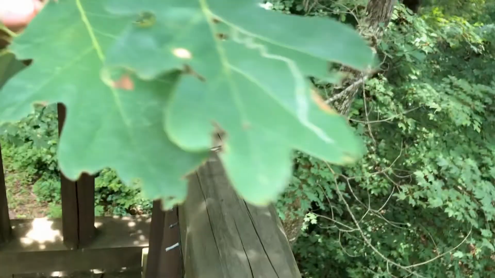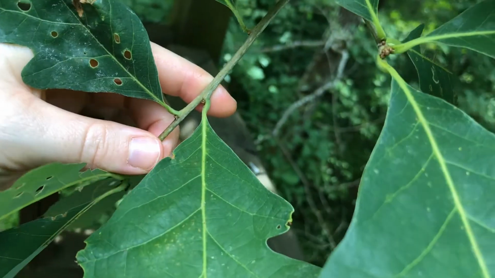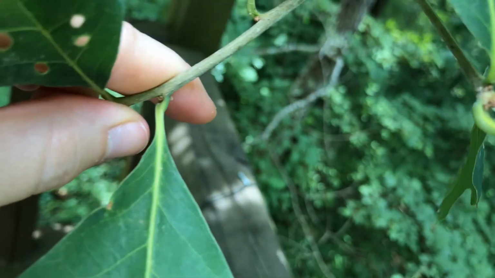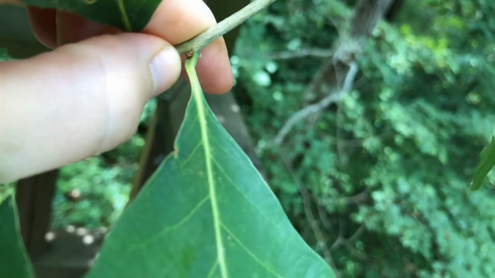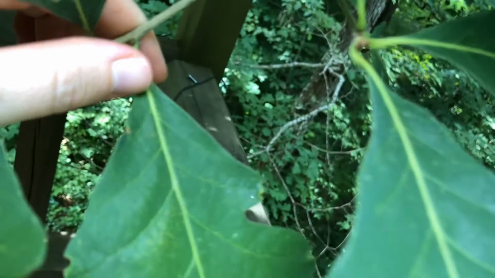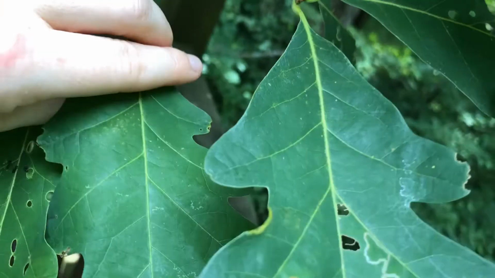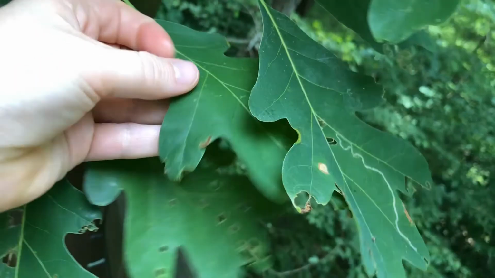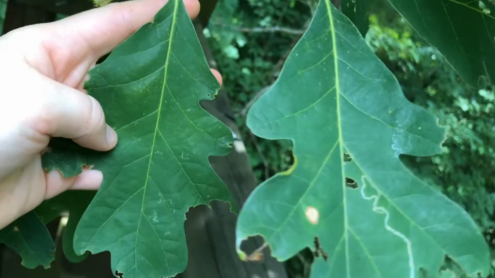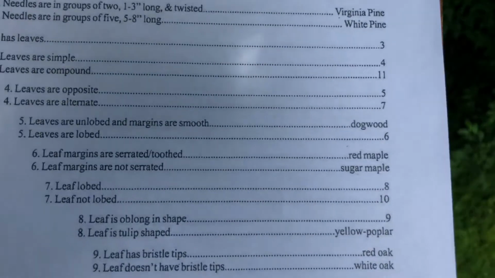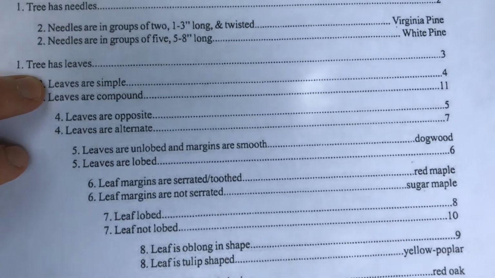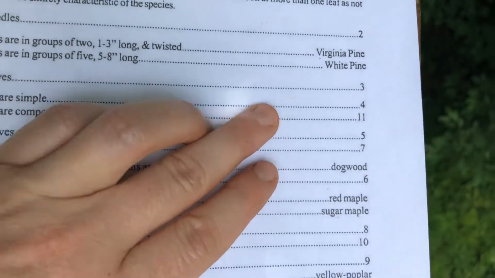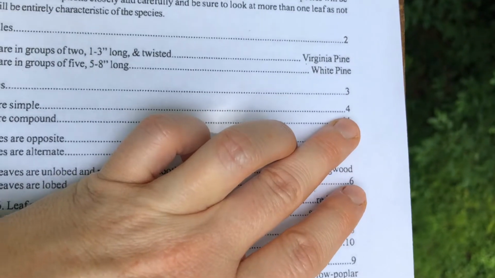So let's look at our leaves here. Now again, you see that little bud there? This leads off to one single leaf here, right? So then we know that our leaves are simple. And we're going to go on down to question 4.